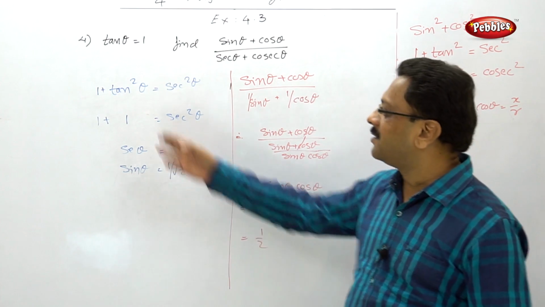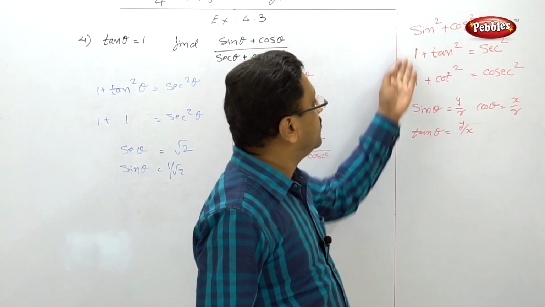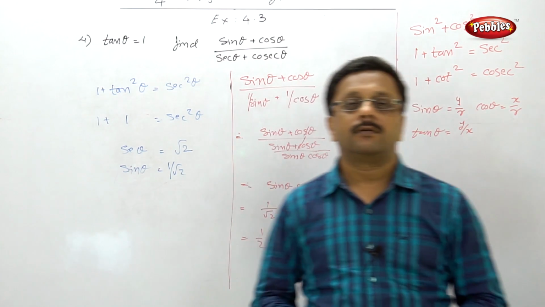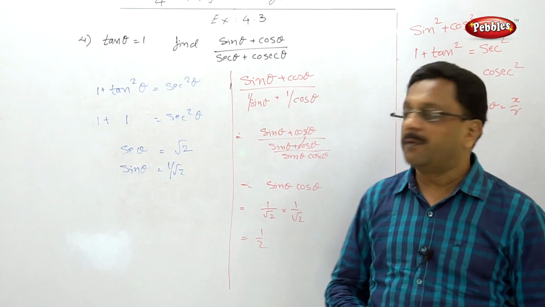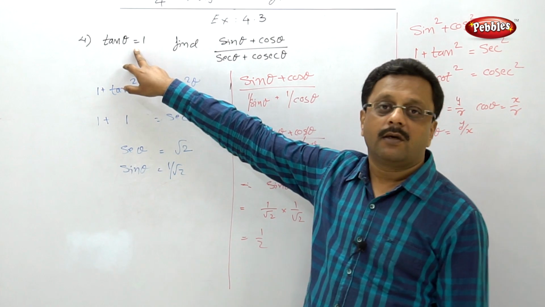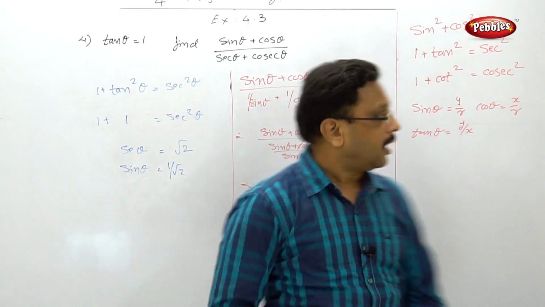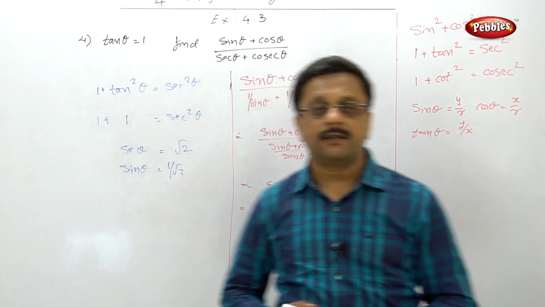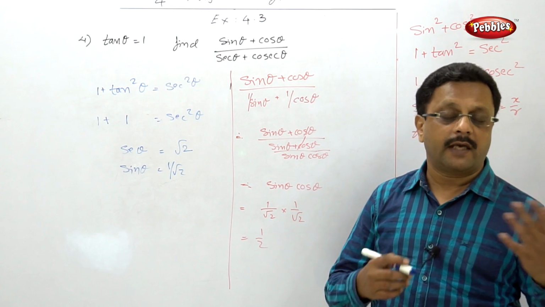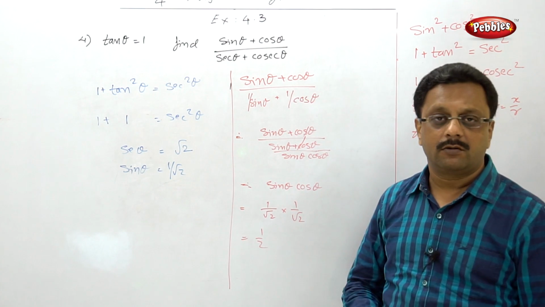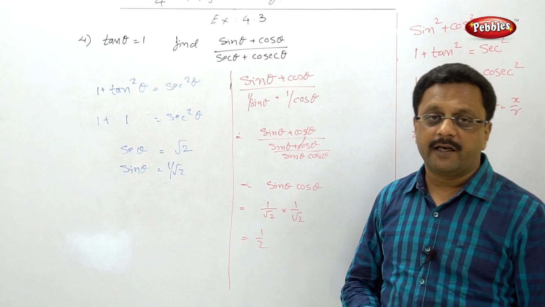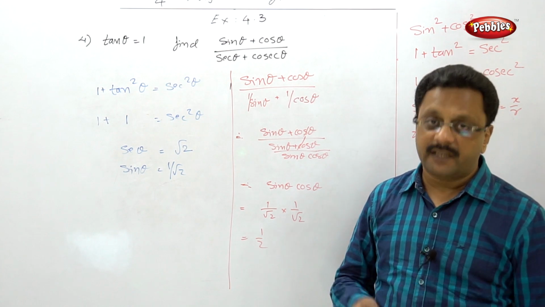I don't want to unnecessarily use two identities and find out the values and so on. Simply I can find out from here, I'll find out r, then I know this, I'll find out x and y, then sine and cos. So I'll immediately get cosec and sec.